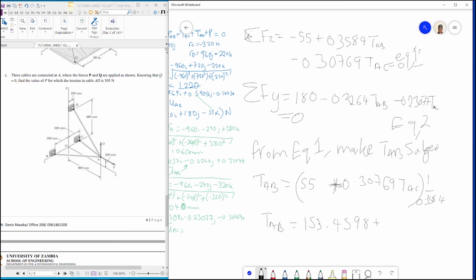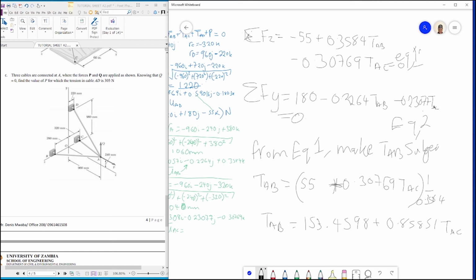So this is plus 0.30769 divided by 0.3584, which is something like 0.85851, multiplied by TAC.